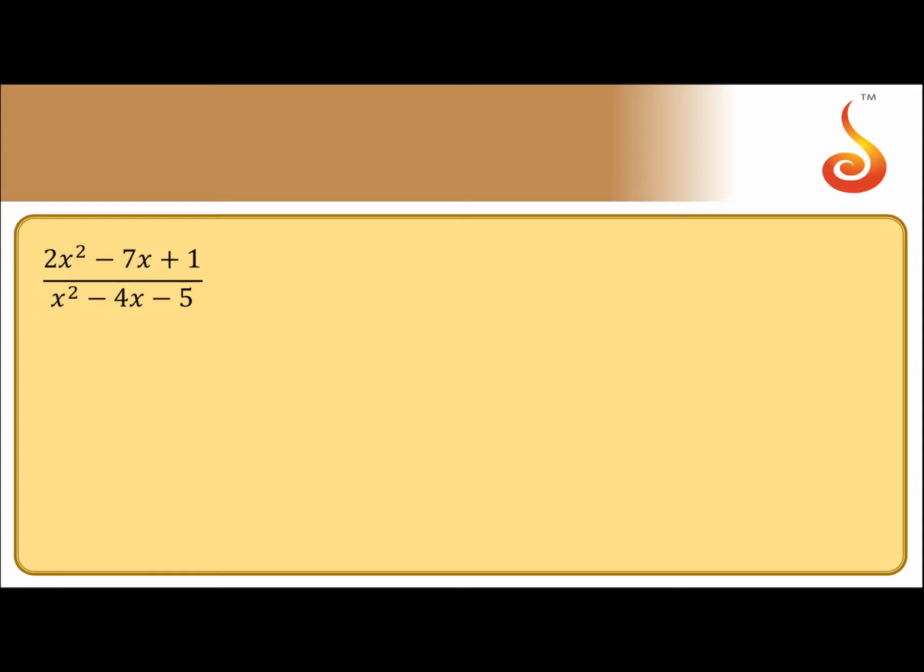How would you proceed to get the solution for this problem? So before that, let me rewrite this fraction as (2x² − 7x + 1) divided by the factorized denominator, (x − 5)(x + 1).